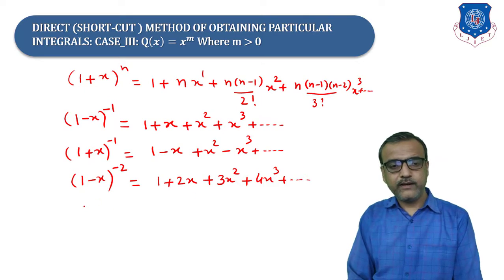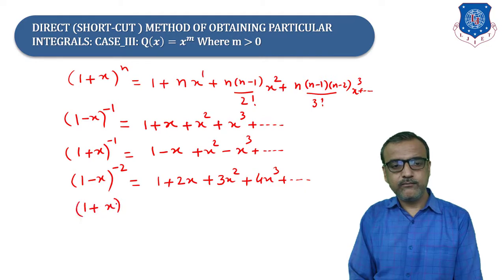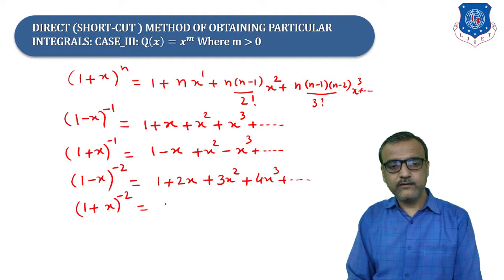And finally, remember the expansion of 1 plus x the whole raised to minus 2, that is 1 minus 2x plus 3x square minus 4x cube, and so on.